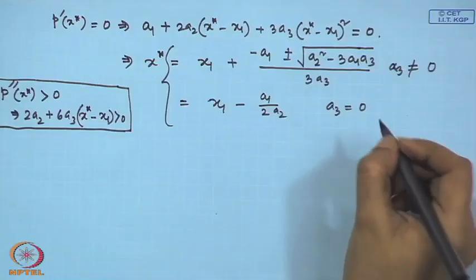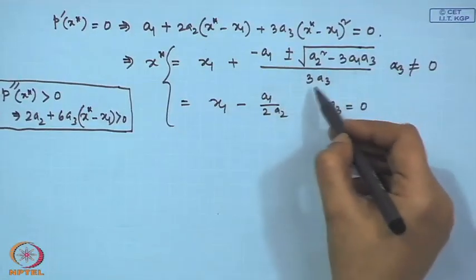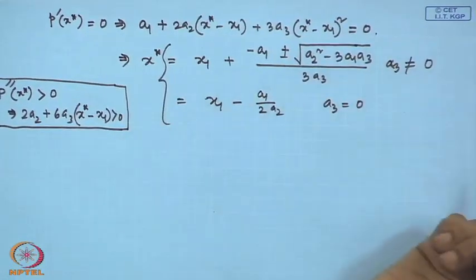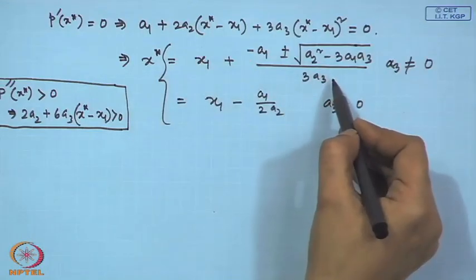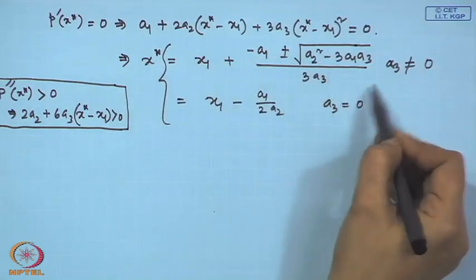Thus, if we calculate the values for A1, A2 and A3 from the given conditions as I showed before, we will get the value for x star as either this or that.